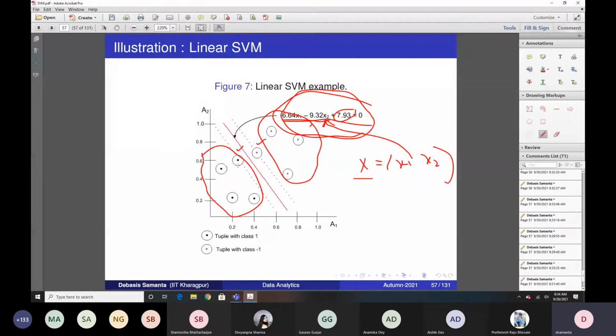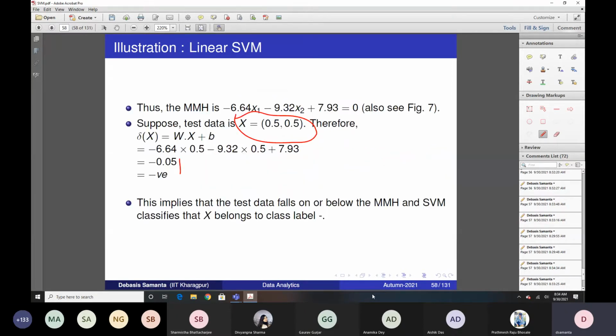As you see here, 0.5 and 0.5, maybe it is here. So this says that it is around like this, on these sides, and that is why it is the negative side. And you can take any other value randomly and check it, and then it will tell you which class it belongs to. Okay, and that's all.